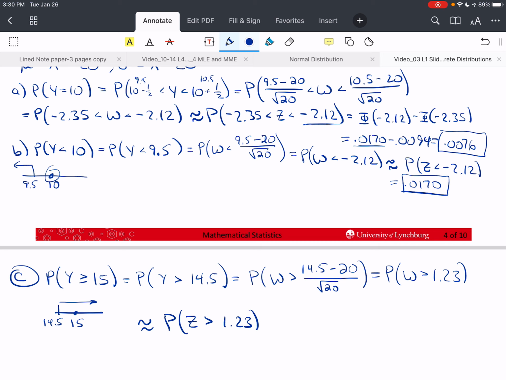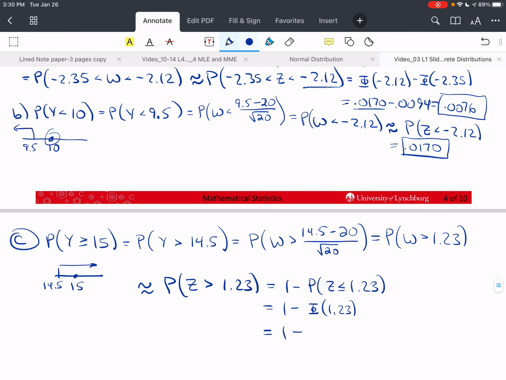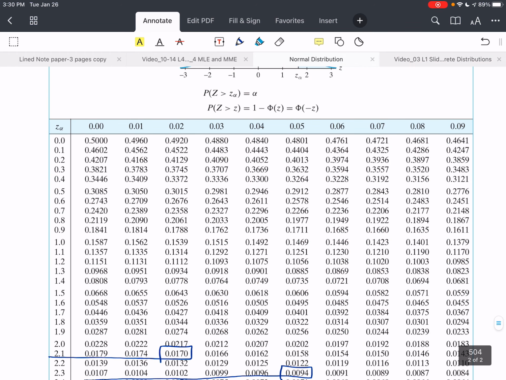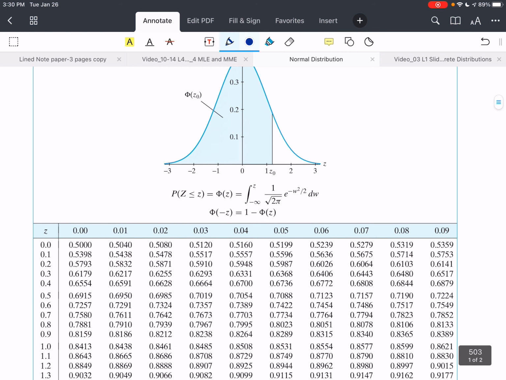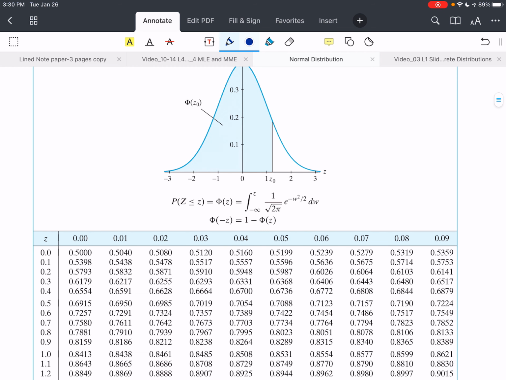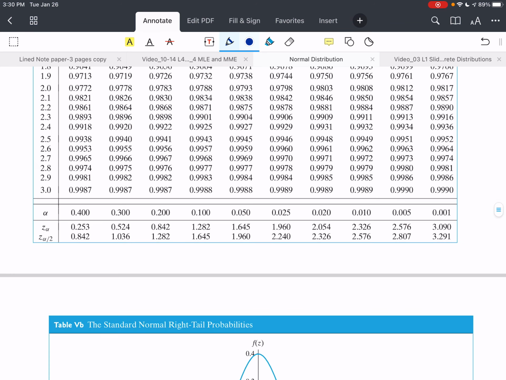And this is equal to 1 minus the probability that z is less than or equal to 1.23, which is 1 minus phi of 1.23, which is 1 minus, now let's look up 1.23 in our first table. So 1.2, and then 3 is going to be right here, 0.8907. Now I could look up 1.23 in the other table to get this directly.